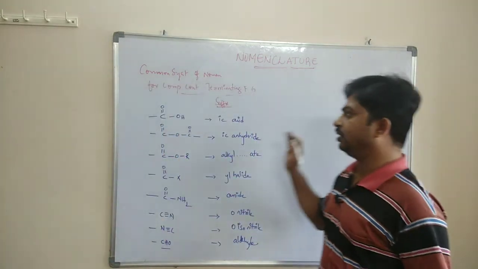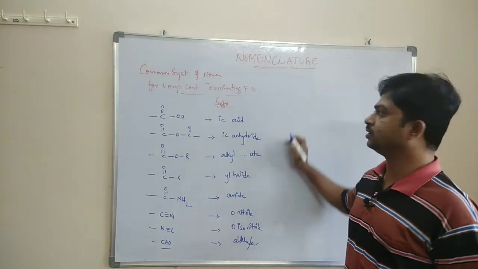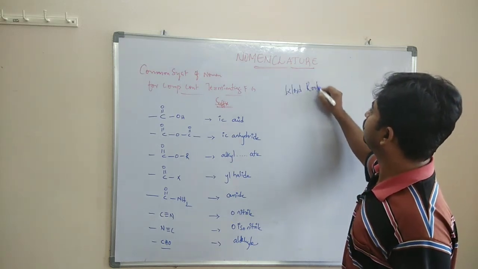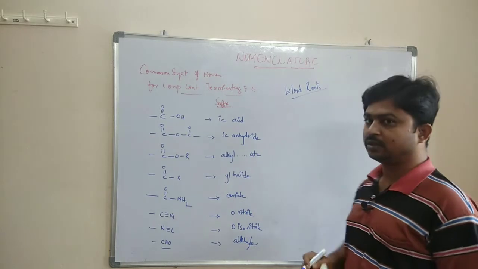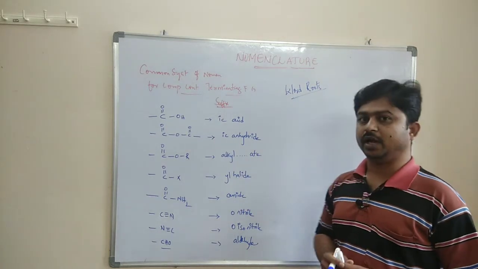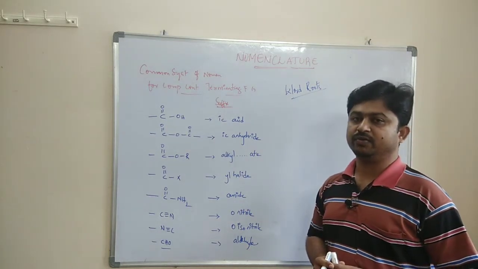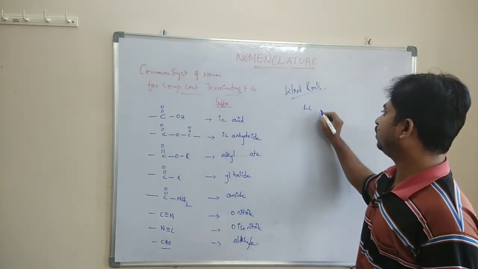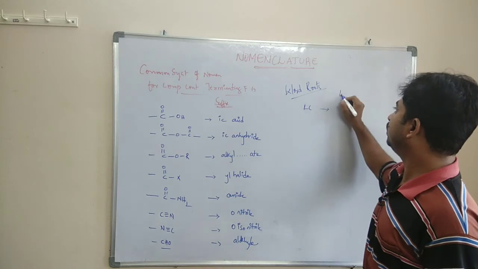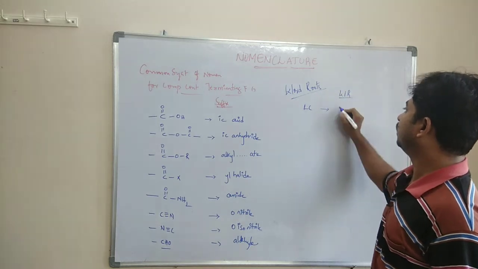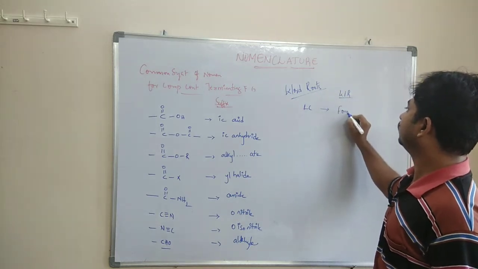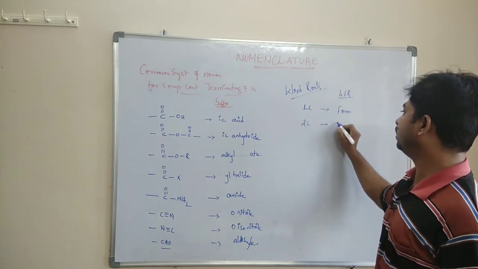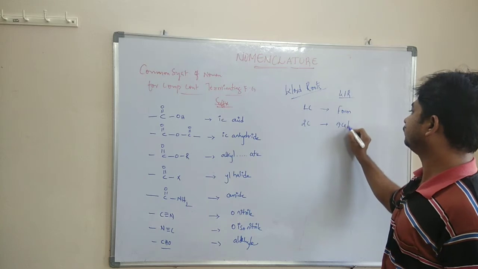Next, we will talk about the word roots. That means the hydrocarbon chain may have various lengths. For one carbon, the word root is form. For two carbons, the word root is acet.